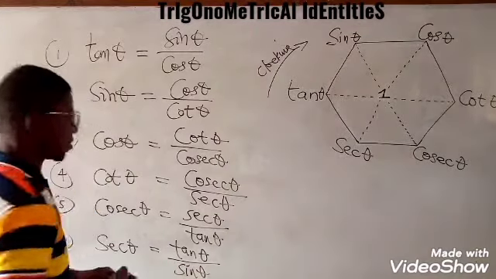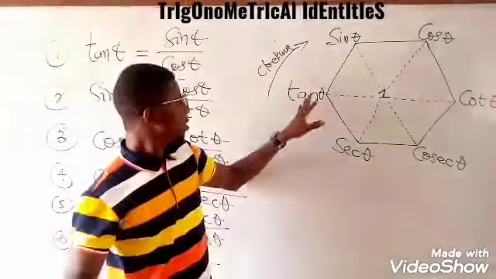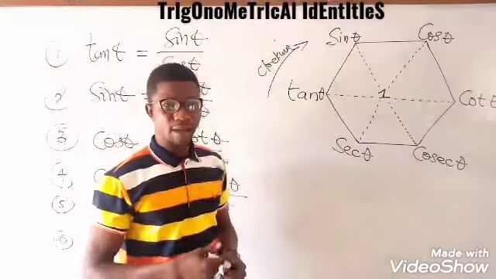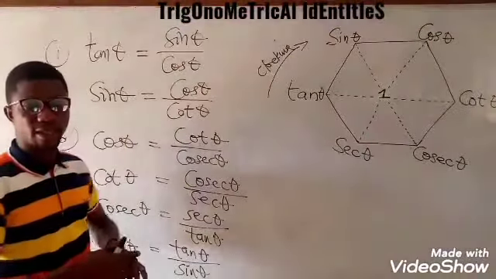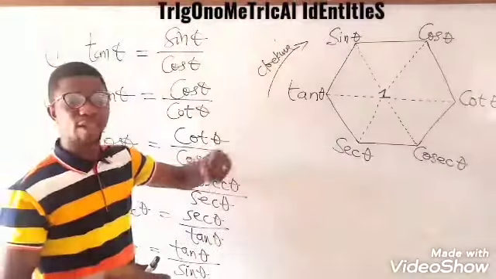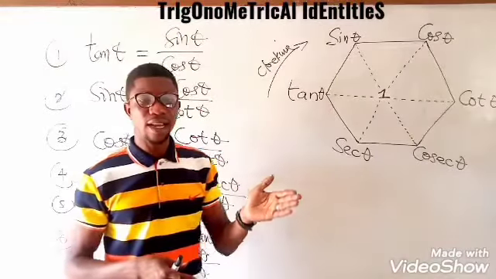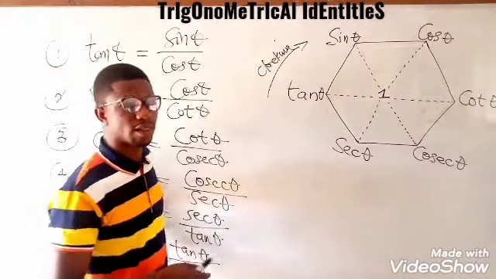Along the clockwise direction, these are some of the identities that we can obtain. Let's look at the counterclockwise direction, or the anti-clockwise direction, for the identities that will also be obtained.